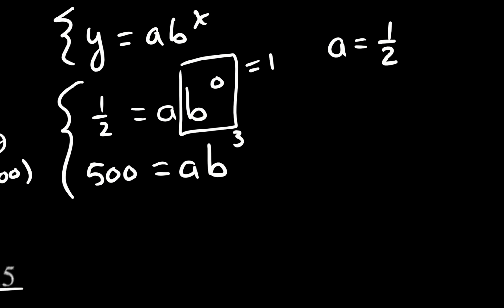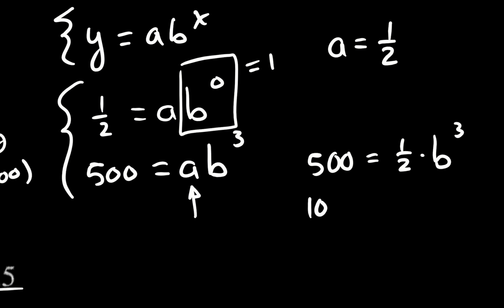The other thing I could do, now that I know that a is a half, is plug that value of a into the second equation. This becomes 500 equals 1/2 times b to the third. If I multiply both sides by 2, I get 1,000 equals b to the third.